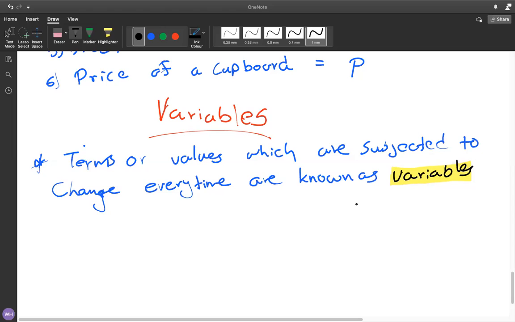Okay, right. Can't you see this? Terms or values which are subjected to change every time are known as variables.